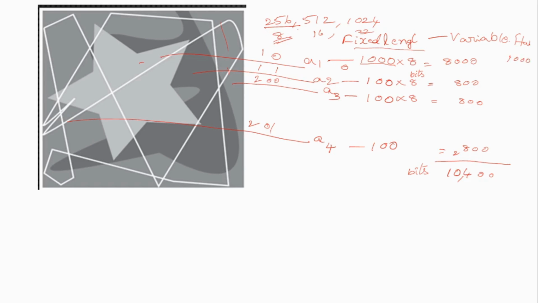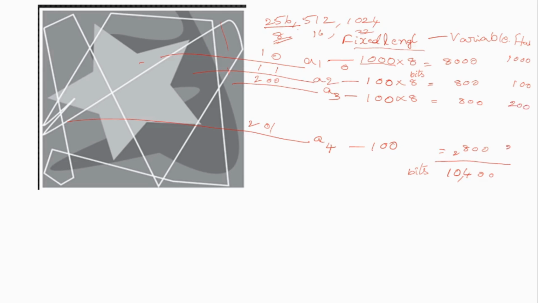For A2, if you assign 1 bit, that is binary 1, then 100 into 1 is 100. And if you assign 2 bits to A3, then 2 into 100 is 200.